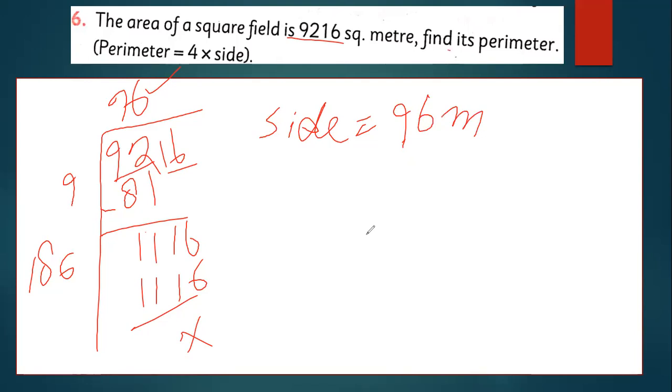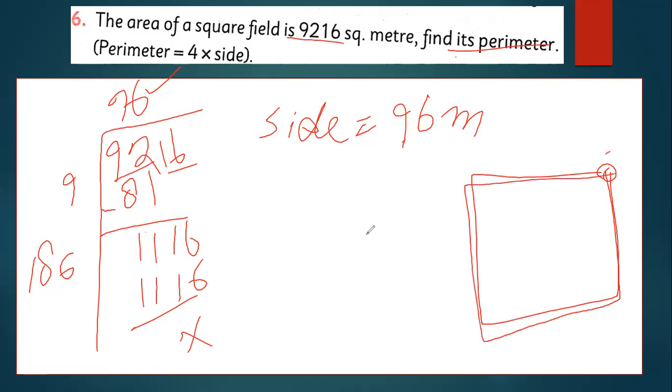Here the term perimeter is used. What is meant by perimeter? Perimeter means if you start from this point and move along the path and reach here, how much distance will you cover? This is known as the perimeter.